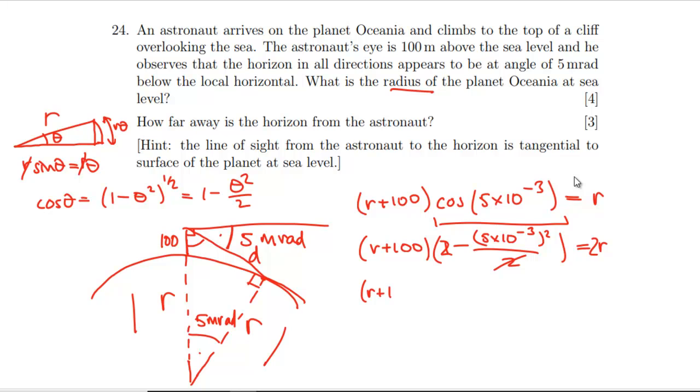So we've got R plus 100 multiplied by 2 minus 25 times 10 to the minus 6 is equal to 2R.